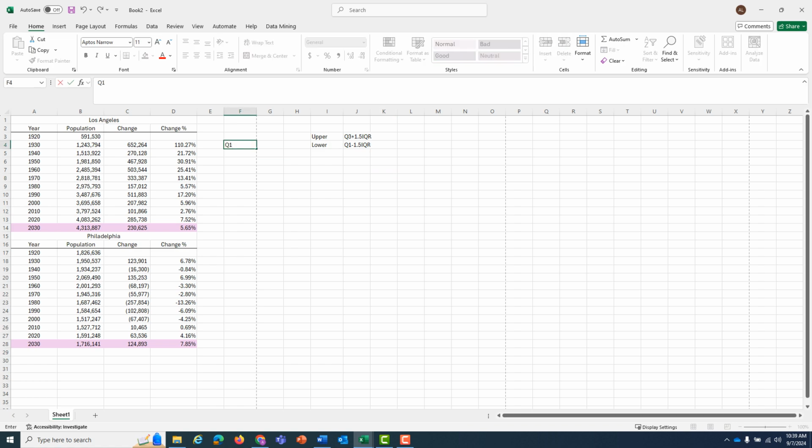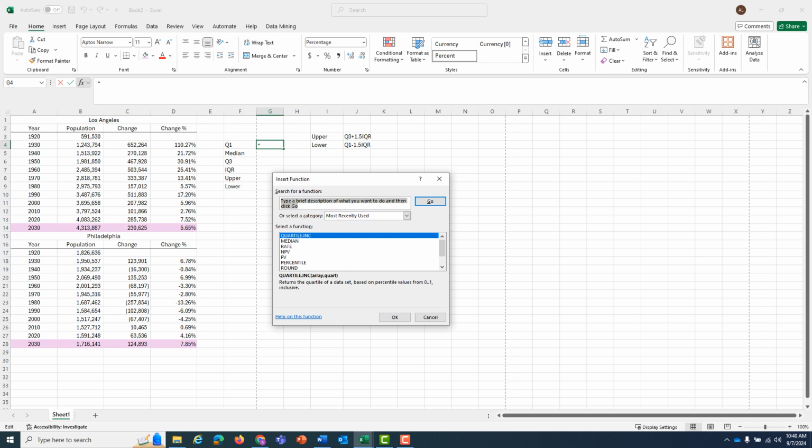I want Q1, I want the median, I want Q3, I'm going to need the interquartile range to determine my outliers, and then I'm going to need the upper and lower limits for what is the cutoff point for something's an outlier or it's not. To find the first quartile, I can use the quartile function. So if I go to insert function and I type in quartile, I get a bunch of returns.